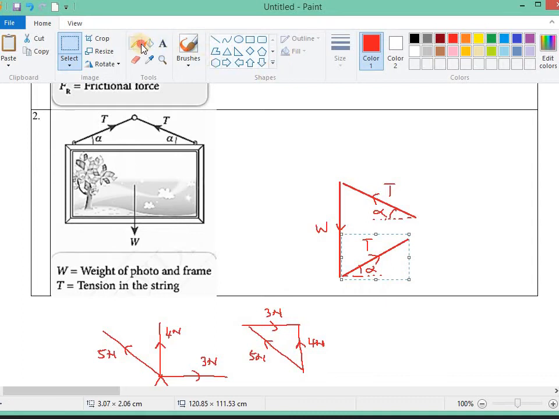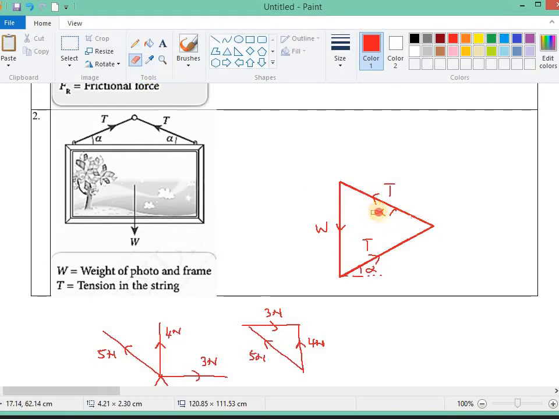I just make it longer, and we can get the triangle of forces. So this is a triangle of forces that represents the relationship between these three forces. So this angle is here.